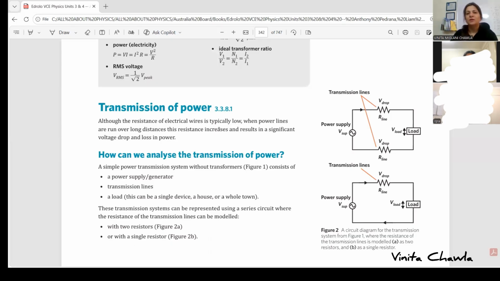Although the resistance of electrical wires is typically low, when power lines are run over long distances, this resistance increases. We know this is the resistance of the wire, this zigzag line. We do not put any resistance box or any kind of device there. These are basically the transmission lines that we use, and we know that wires do have resistance, no?